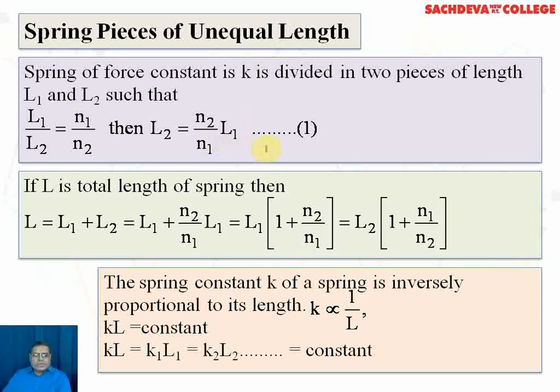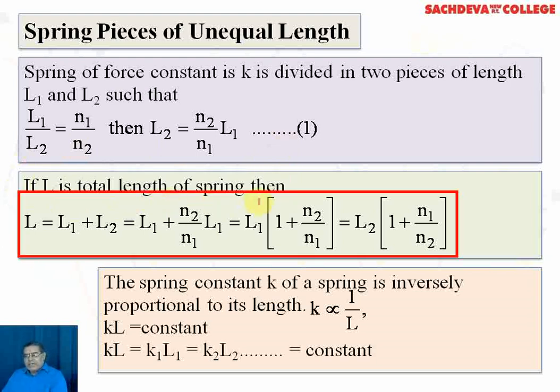This is equation number 1. Now, if L is the total length of the spring, then L is given by L1 plus L2. We have written L1 as it is, but L2 is replaced by N2 over N1 into L1. And from that, we got the equation L1 into 1 plus N2 over N1.